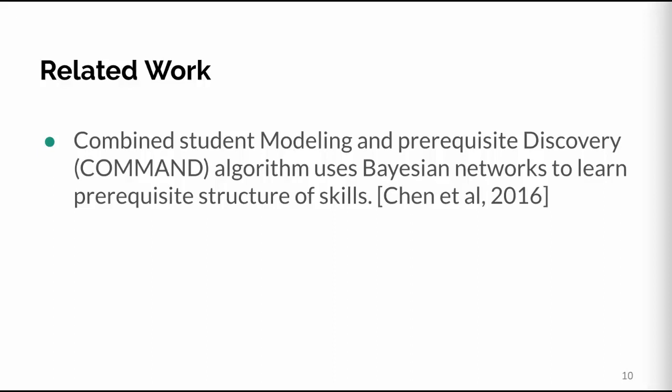We will now review some related work. Shen and colleagues introduced the combined student modeling and prerequisite discovery, the COMMAND algorithm, which uses Bayesian networks to learn prerequisite structure of skills. Their work generates prerequisite graphs of mathematics skills.